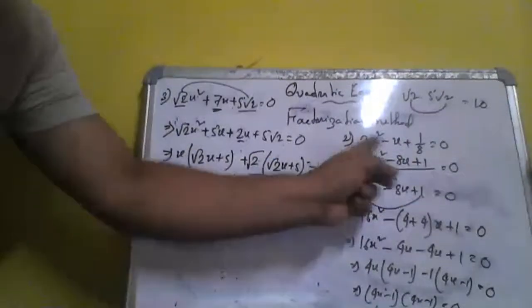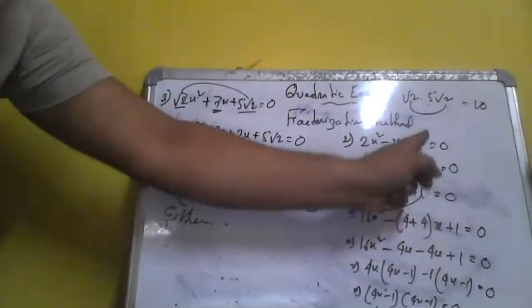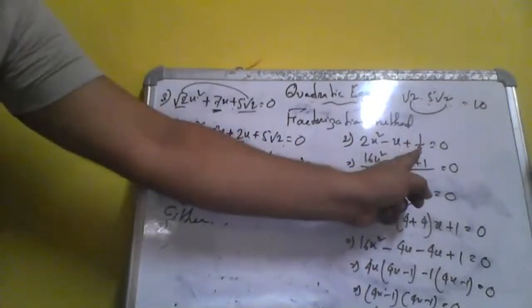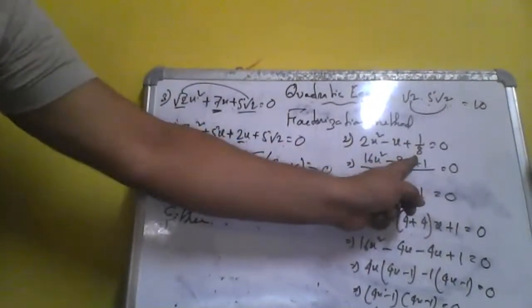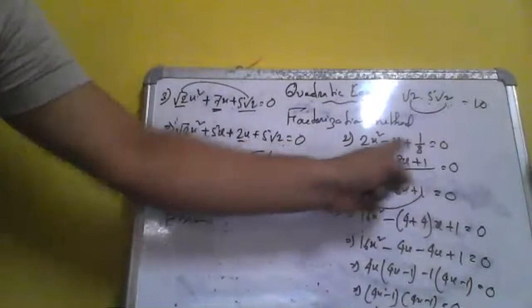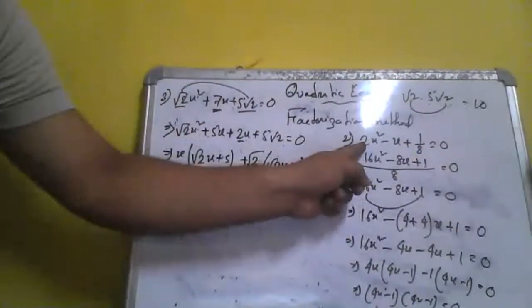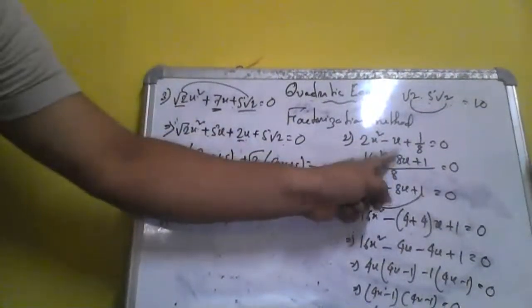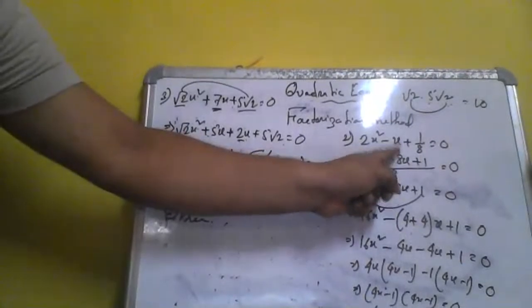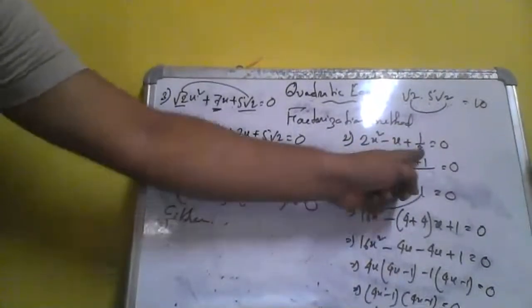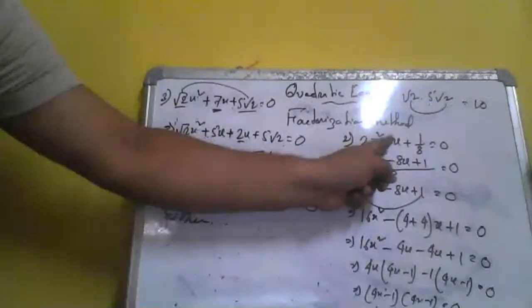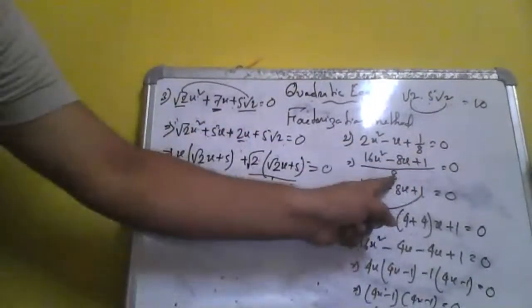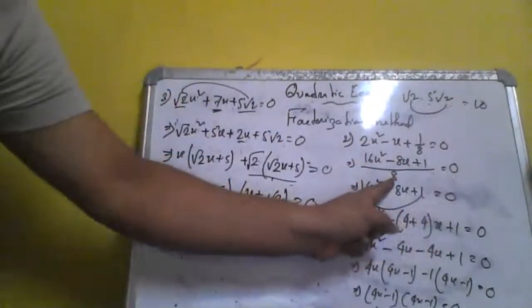Number 2, 2x square minus x plus 1 by 8. Here fraction is there, then we take the LCM 8. 8 times 2 will become 16, 16x square minus 8x. Here 1 is there, then for LCM 8, 1 divided by 8, 8 ones are 8, that means 8x, and this one is 1. Now 8 is multiplied with 0, then what will become? 0 will become.